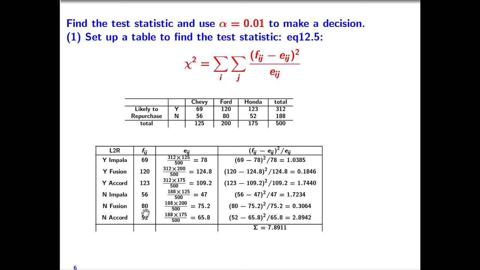And then you have 80 minus 75.2 squared over 75.2 to give you 0.3064. The last one, you have 52 minus 65.8 squared over 65.8 equal to 2.8942. And then you add them up. This will be your chi-square or your test statistic. And in this case, this is 7.8911.